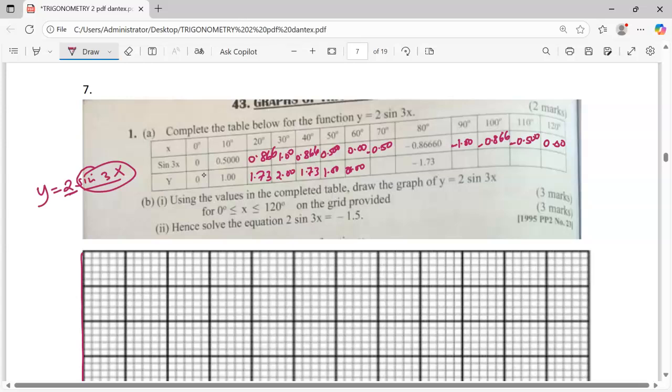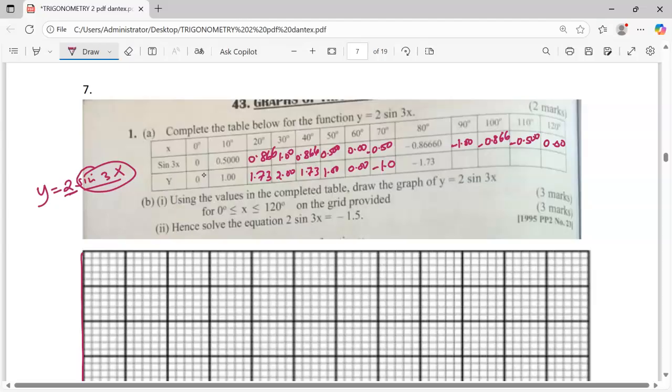Next is negative 0.5, which would give us negative 1.0. Next we have negative 0.866 times 2, which is negative 1.73.